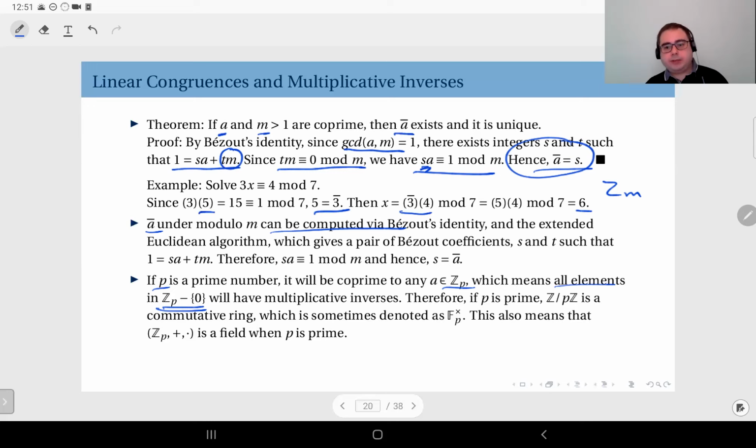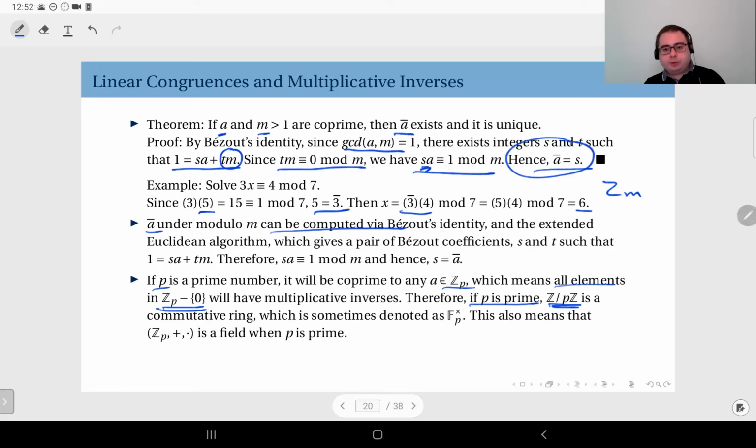This means that if P is prime, this structure, as we have seen earlier when we studied group theory, is actually a commutative ring because it satisfies all the axioms in the definition of a commutative ring, in addition to, obviously, now having multiplicative inverses.